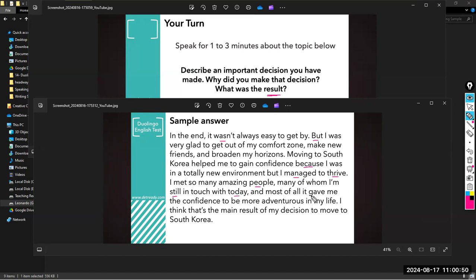Most of all, it gave me the confidence to be more adventurous in my life. I think, now notice, this is the final statement or recommendation, that is the main result of my decision to move to South Korea.